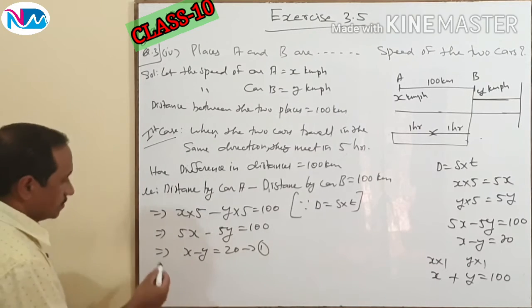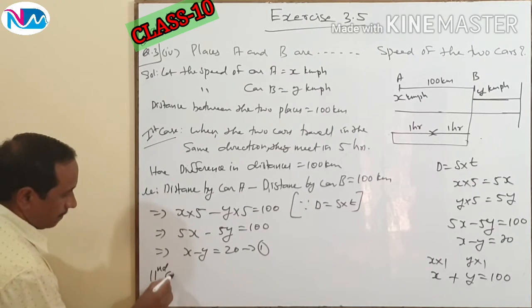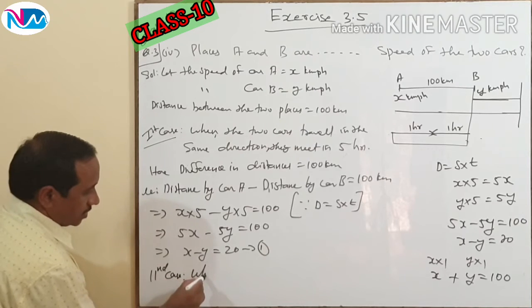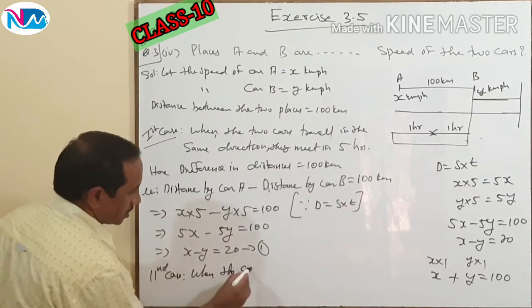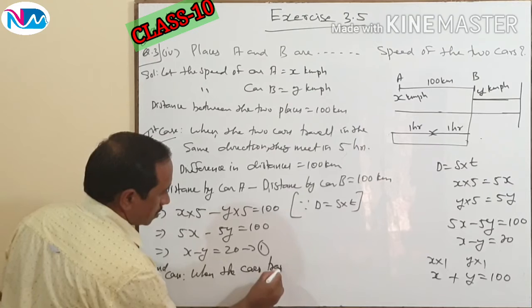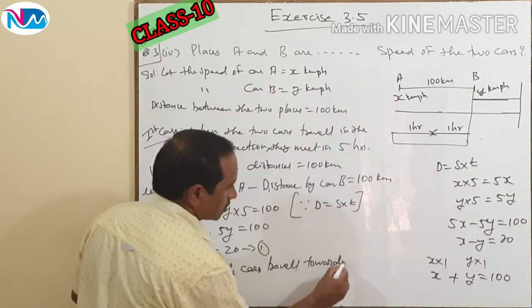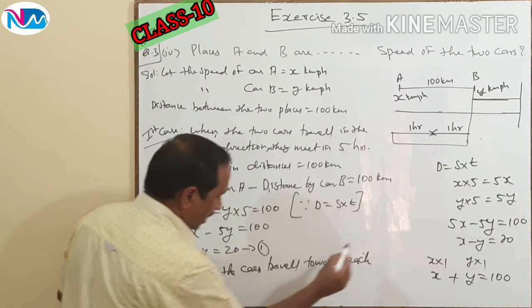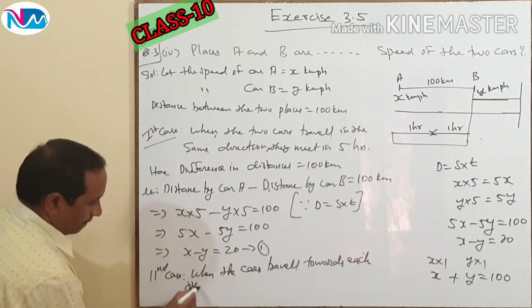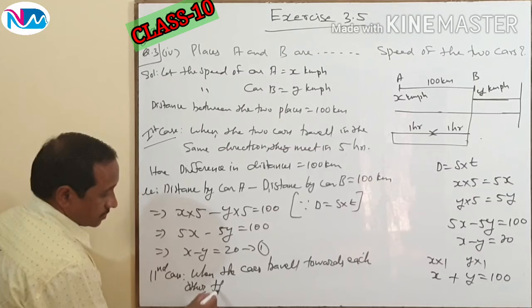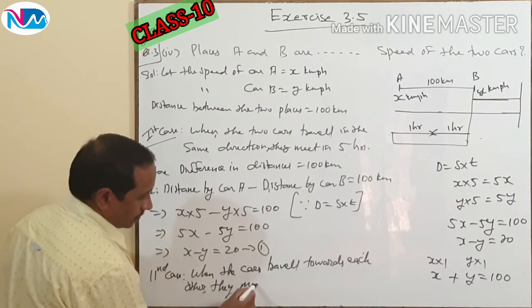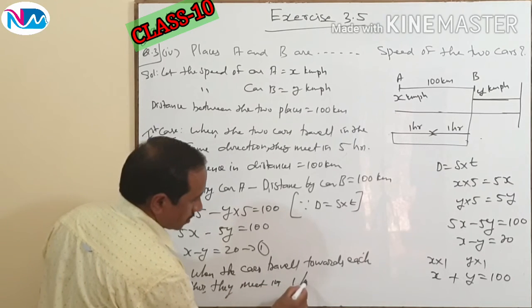The second case, when the cars travel towards each other, they meet in 1 hour.